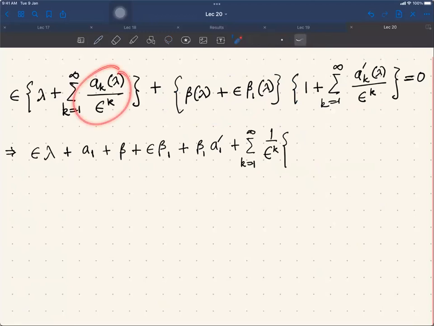From here, since there is an epsilon factor outside, it will be a k plus 1 plus beta a k prime, that is this multiplying this term, and the next one is beta 1 a k plus 1 prime equals 0.